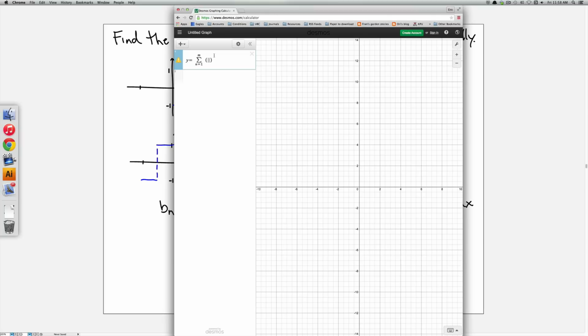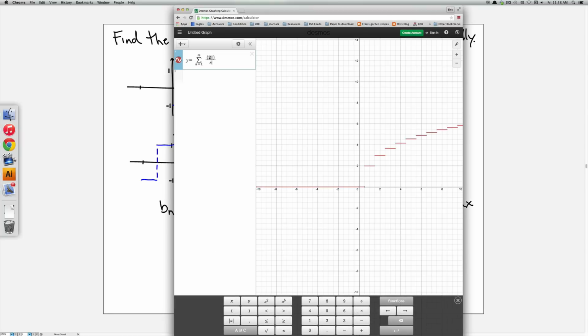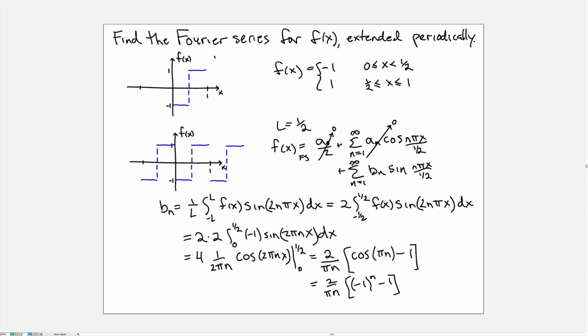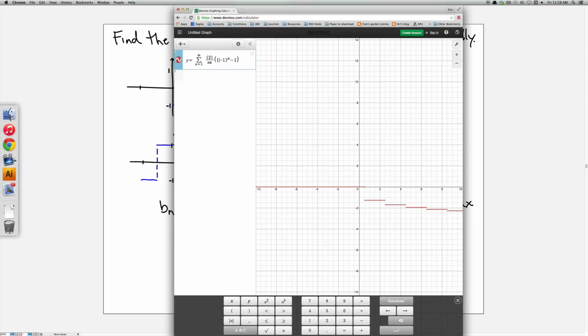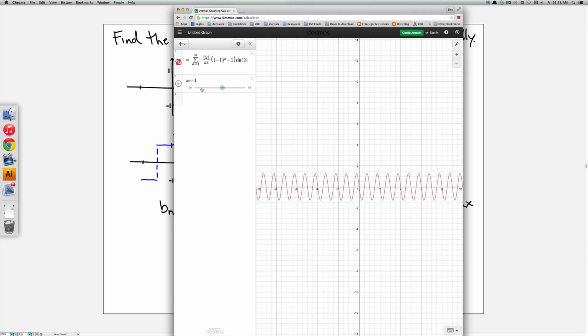So those coefficients are 2 over n pi multiplied by minus 1 to the n minus 1, and all that gets multiplied by the sine of 2n pi x. And we need a slider for m, so we can choose a value, and m will be between 1 and, let's make it 30 in steps of 1.